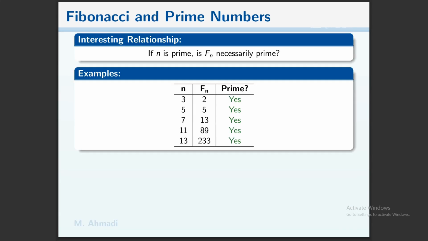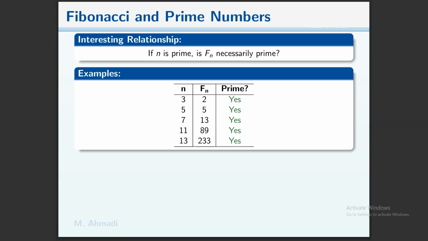And also, it has some relation with the prime numbers. An interesting relation: if n is prime, then Fn is usually prime. And here we can see some examples. N is 3, a prime number, then F3 is 2, which is prime. N is 5, then F5 is 5.